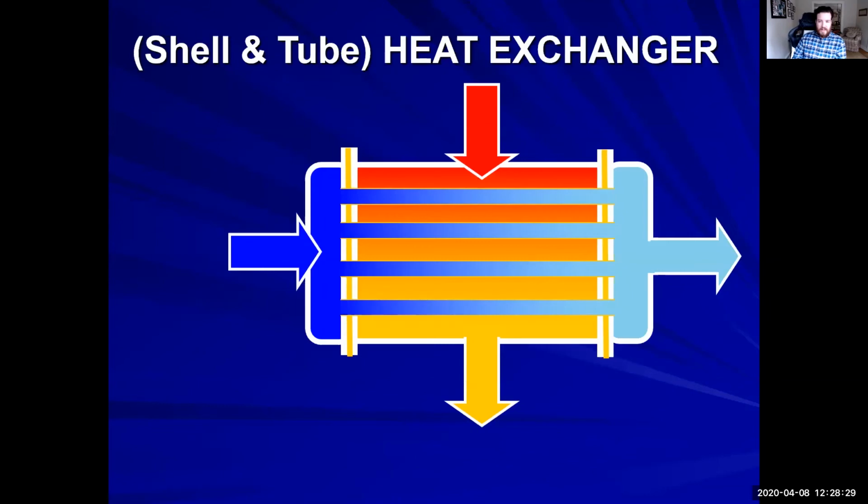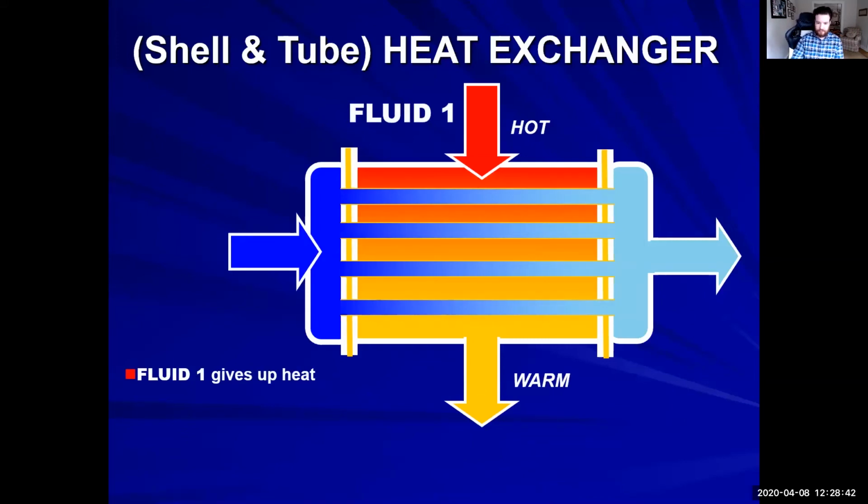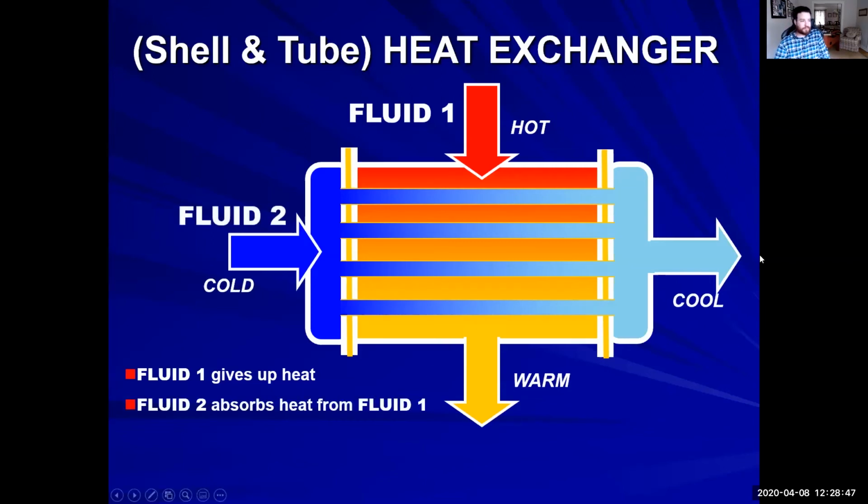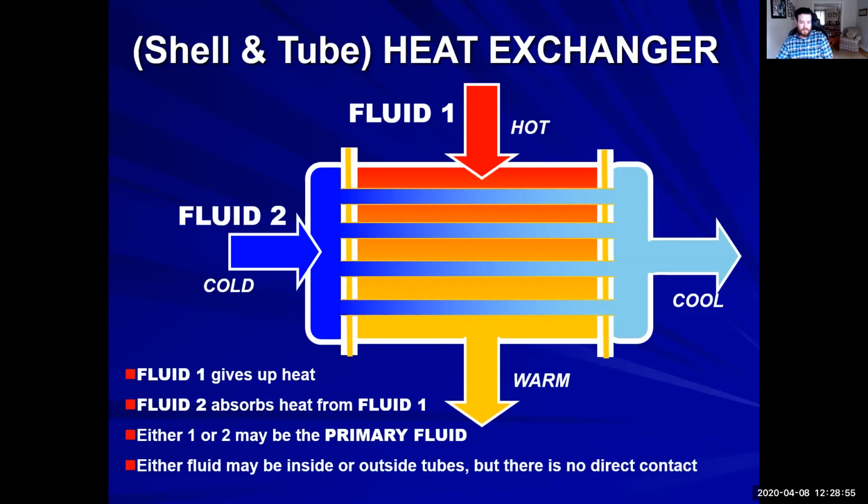So going through, we have a shell and tube type heat exchanger. This is our condenser. All right, going through a shell and tube type heat exchanger, we have fluid 1. Fluid 1 is giving up heat. Fluid 2 absorbs heat from fluid 1. Either 1 or 2 may be the primary fluid. And then either fluid may be inside or outside the tubes, but keep in mind these aren't directly connected. They don't contact each other, all right?